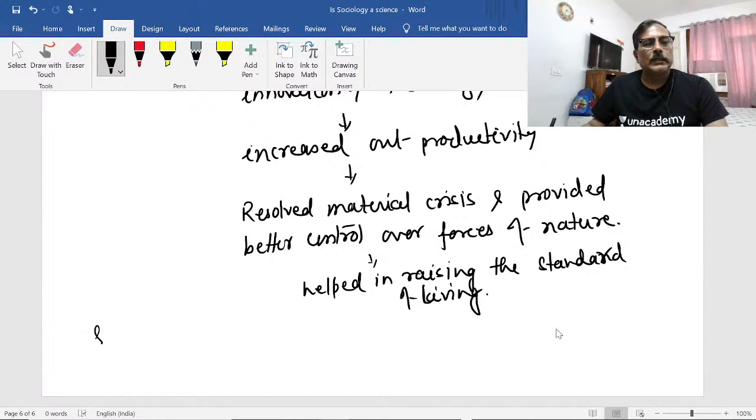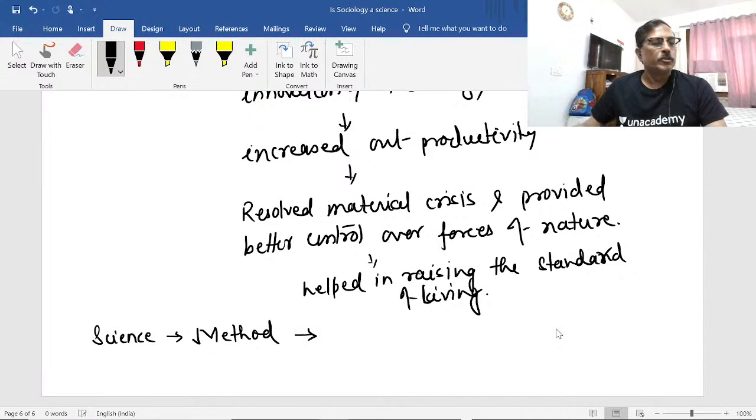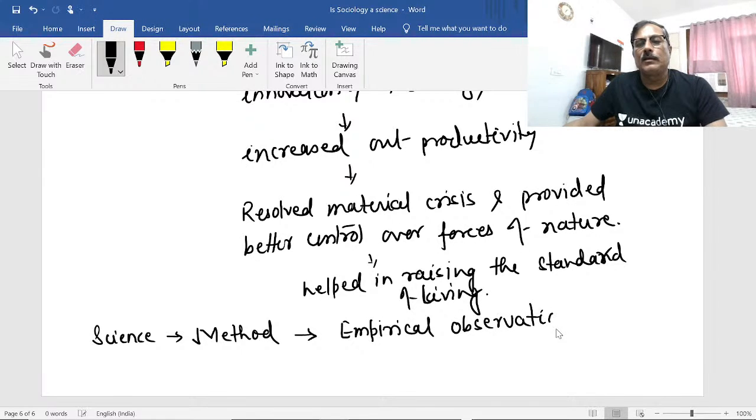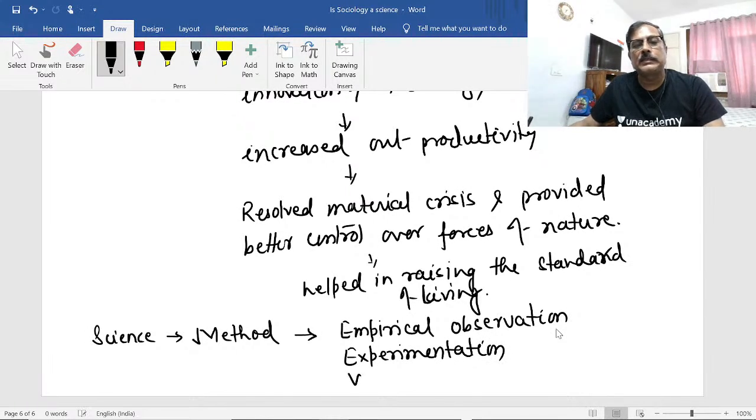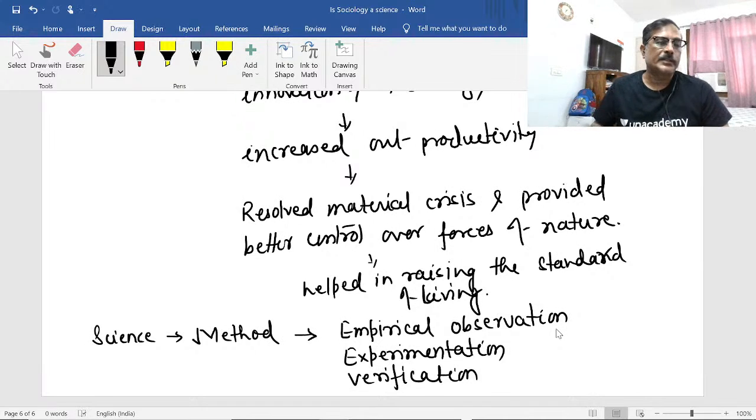So science was described as a method which had three components. First is empirical observation. Second is experimentation. And third is verification. So science was described as a method, right?